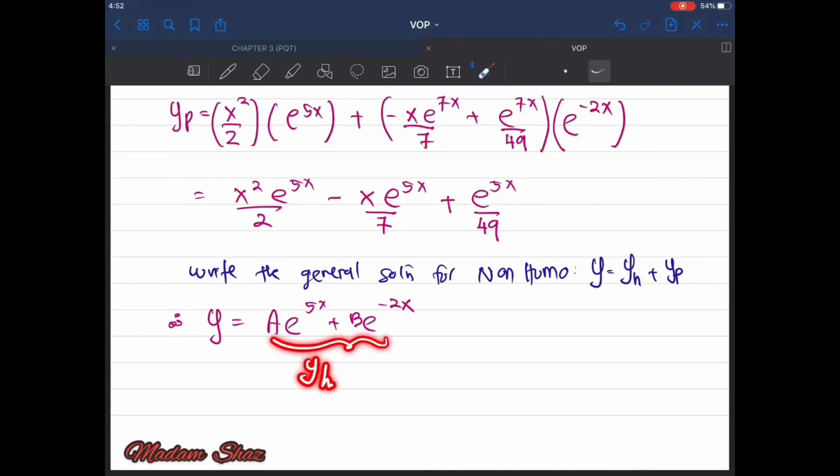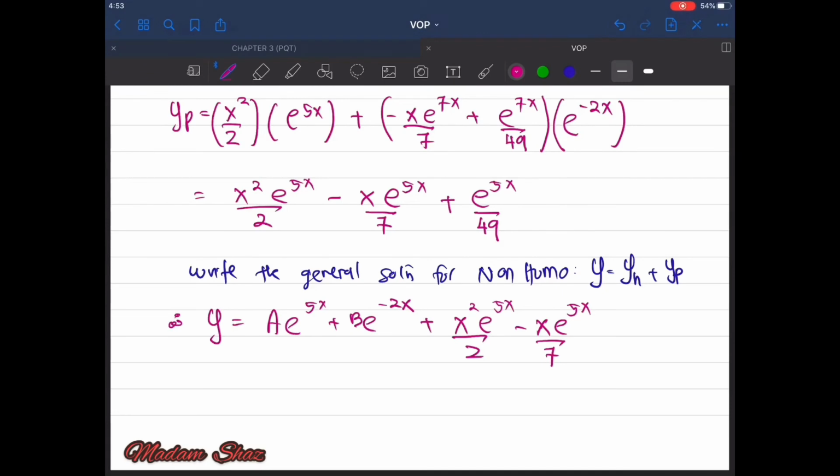So this is our YH. Okay, so plus back with our YP. So this is the whole thing for our YP. Plus x square exponent 5x over 2 minus x exponent 5x over 7 plus exponent 5x over 49. So this is the general solution for the non-homogeneous equation by using VOP.